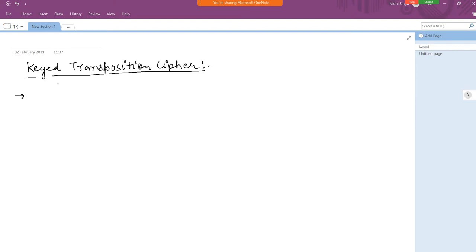In the keyless version there is no key. You just write the plain text column by column to generate the ciphertext, or you can do the vice versa and write it row by row.